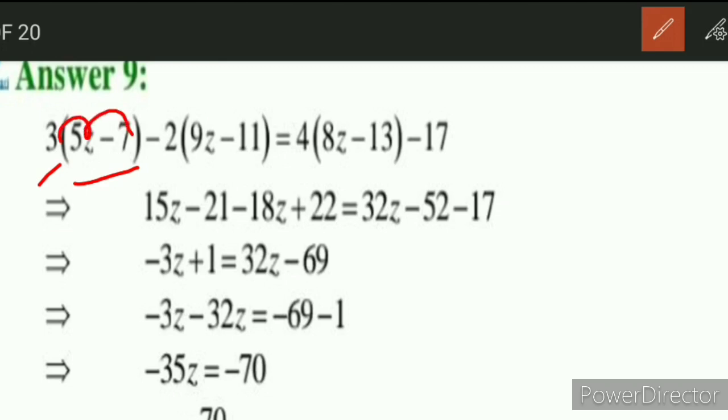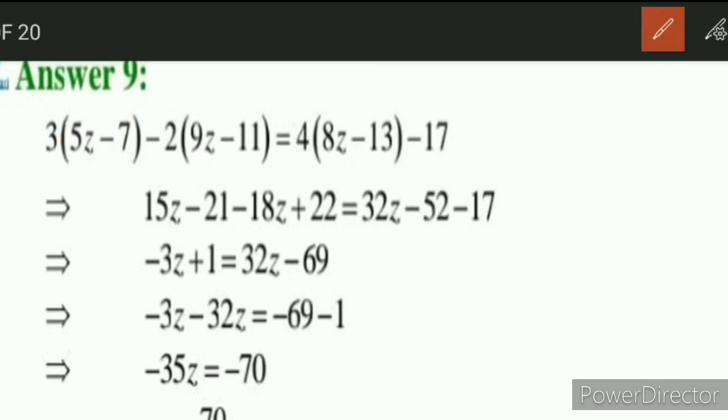Don't forget, some of you make the mistake of multiplying only the 5z and not the 7. That's why I am reminding you again and again. However many terms are inside the bracket, you should multiply all of them with the outside sign or number. Got it?